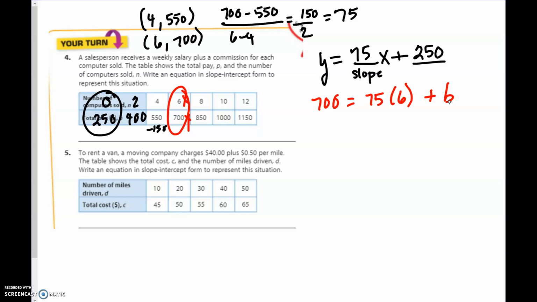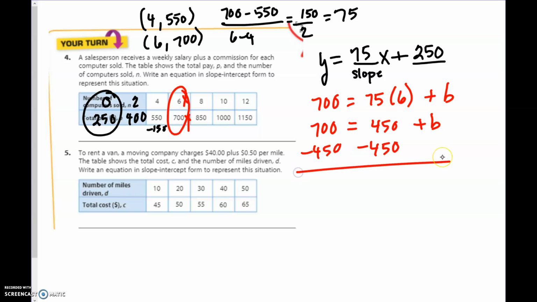So 75 times 6, so I have 700 equals 450 plus b. Now I'm going to subtract 450 from both sides, and so 700 minus 450 gets me 250. So you can see we can plug a value in just like we learned yesterday, or you can keep the chart going. So either way, you can find your y-intercept.